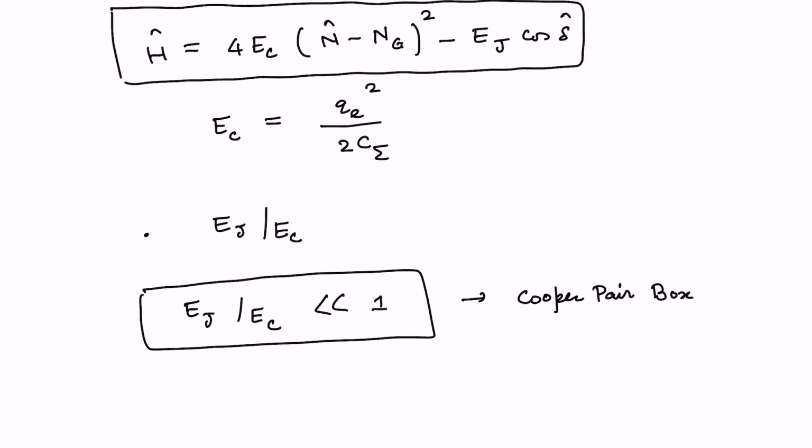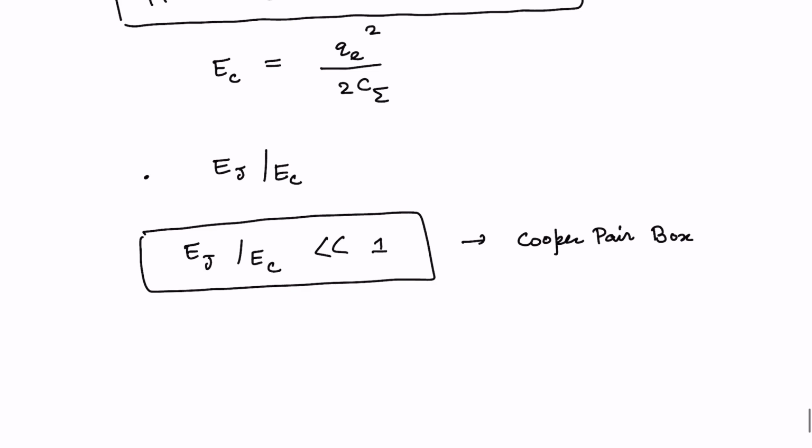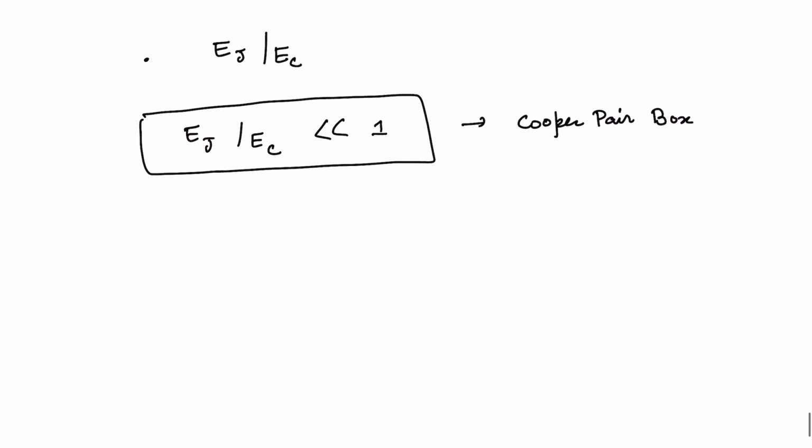In fact, it is possible to obtain the exact form of the Cooper pair box Hamiltonian that we have discussed earlier if we write the Josephson energy in terms of the number state basis of the Cooper pair. For that, one needs to use the Fourier transform pair for this |delta>, the state vector corresponding to the superconducting phase difference, which is related to the number states via |delta> equal to the sum over n from minus infinity to plus infinity of e to the power i n delta k_n |n>.